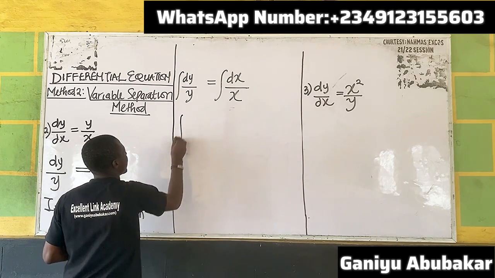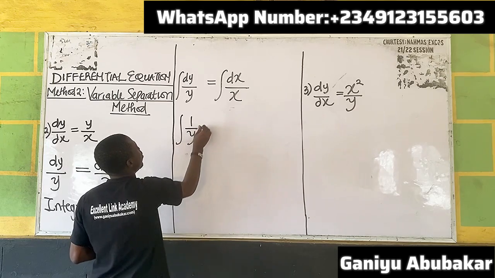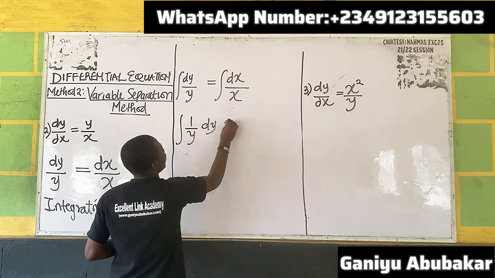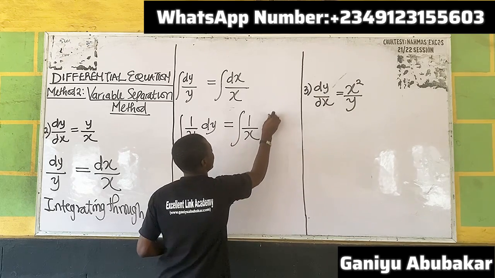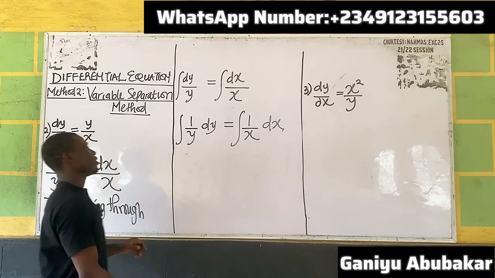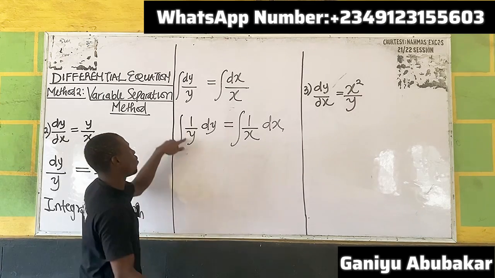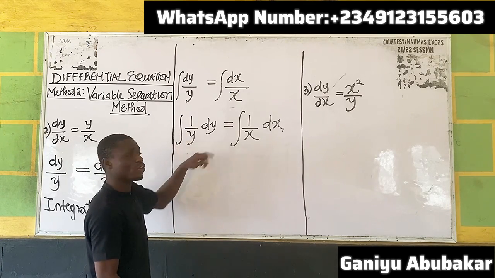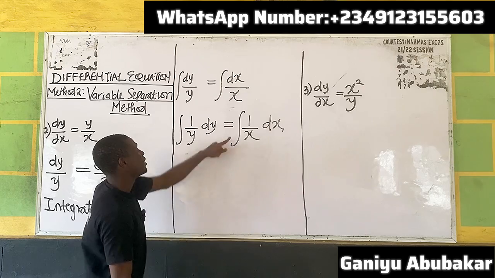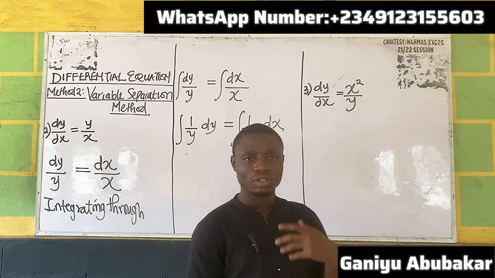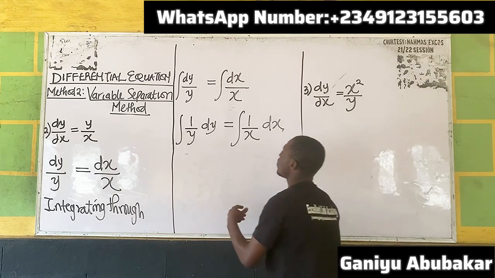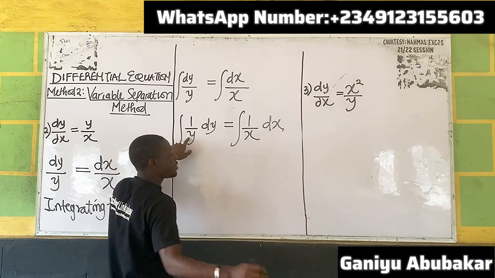This gives you the integral of 1 over y with respect to y is equal to the integral of 1 over x with respect to x. Perfect. That's it, please.